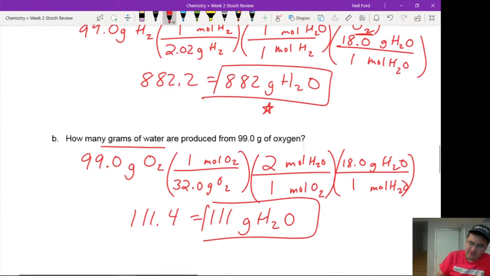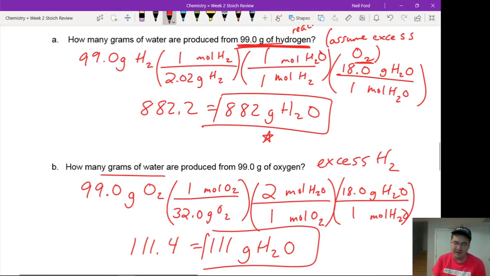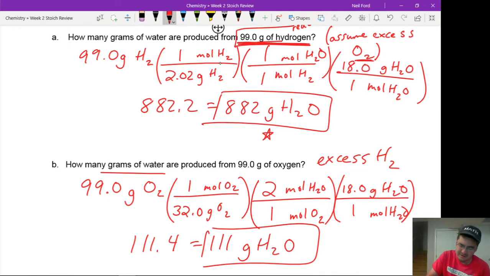Okay, if you start with 99 grams of oxygen this time with excess H2, lots of extra H2, you could make only 111 grams. So if you put 99 of each, instead of having excess, you had exactly 99 of both.